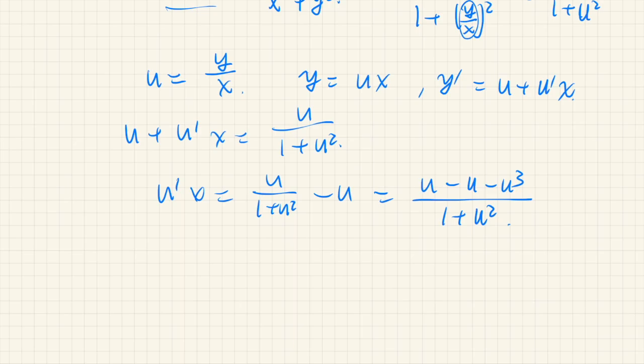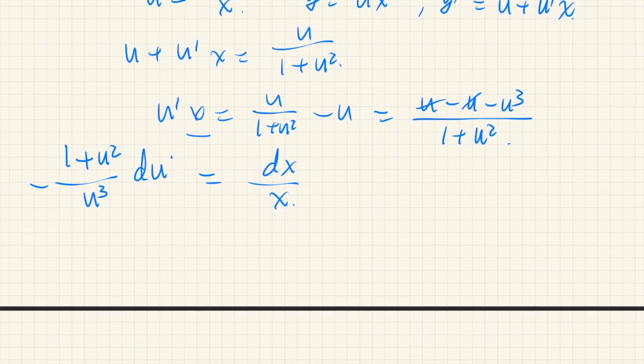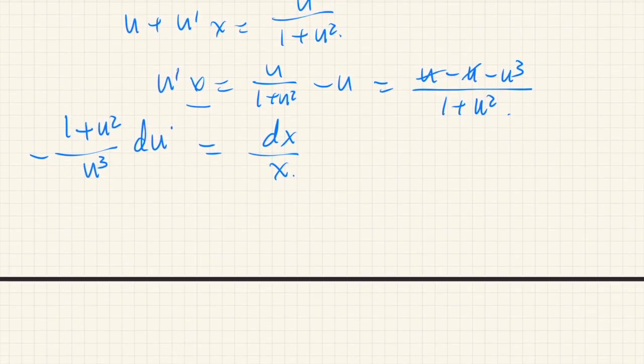Okay, so let's divide both sides by this, and we have (1 plus u squared) du over negative u cubed equal to dx over x. So let's see.